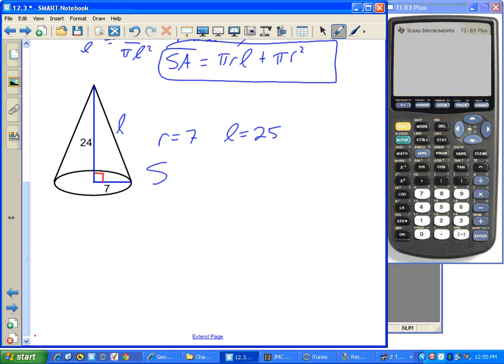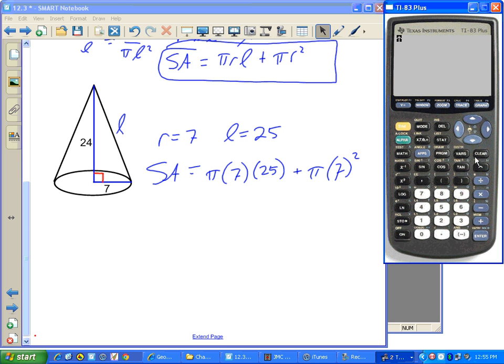So now to find surface area, I'm going to take pi times my radius times my slant height, and I'm going to add pi times my radius squared. So I've got pi times 7 times 25 plus pi times 7 squared.